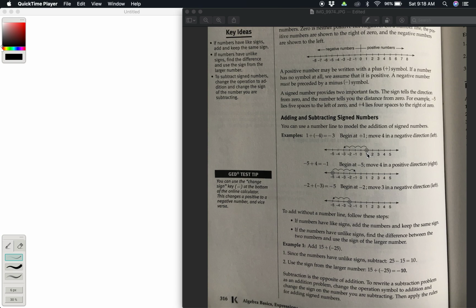So we're at a positive 1 right here. Then we add negative 4 to it. Positive 1, we count 4 times towards the negative side: 1, 2, 3, 4. And you can see that we have negative 3 now.